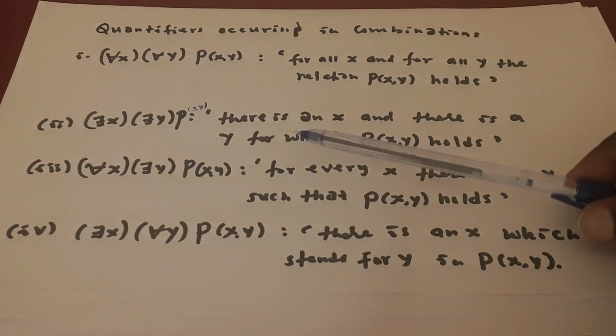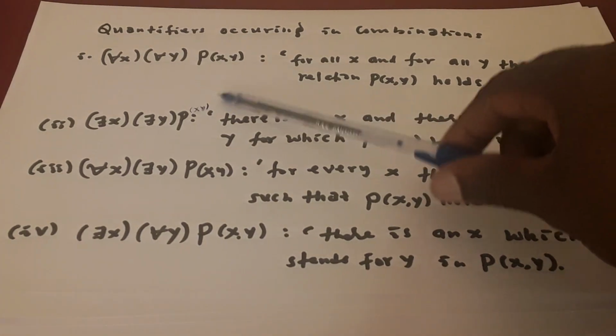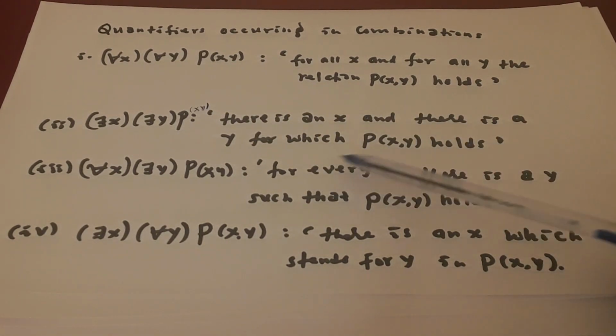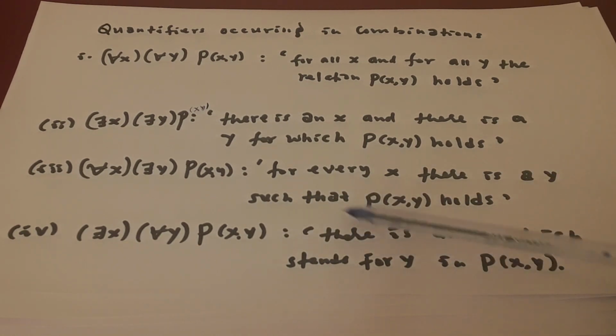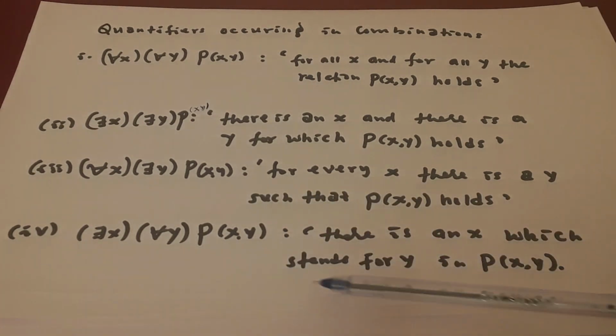For all x and for all y, the relation p of x, y holds. Again, there is an x and there is a y for which p of x, y holds. For every x, there is a y such that p of x, y holds, or there is an x which stands for all y in a relation p of x, y.